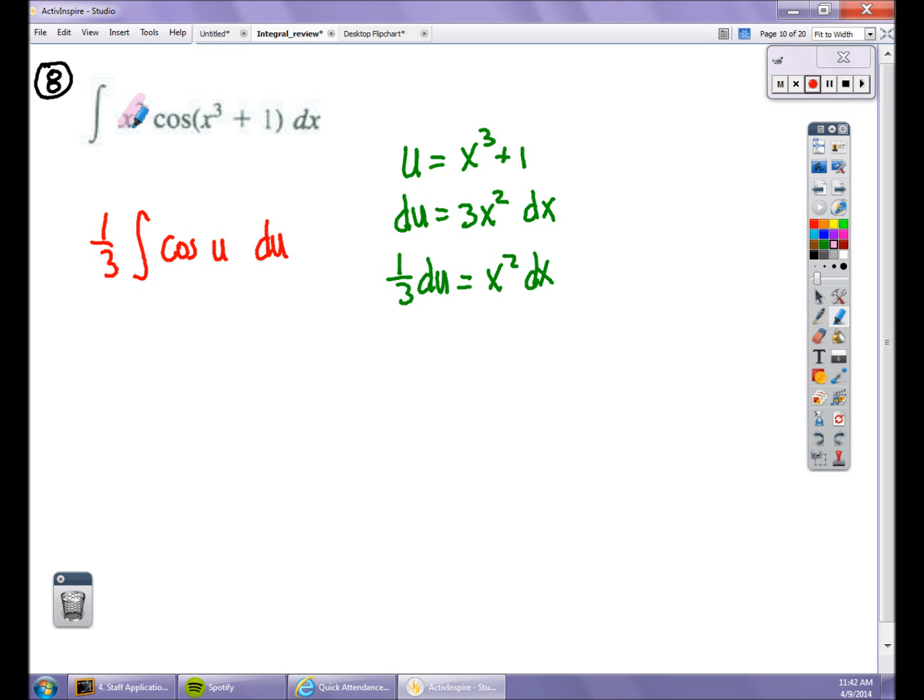The x squared and the dx swapped out for 1/3 du, and the x cubed plus 1 swapped out for u. The integral of cosine is sine, and then at the same time I'm just going to go ahead and swap out the u for my x cubed plus 1, plus c. Done.